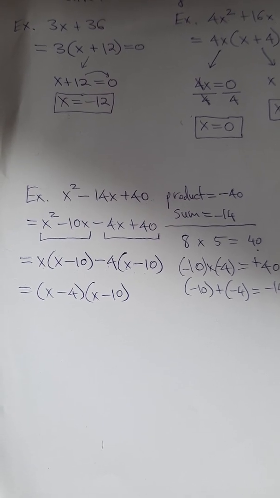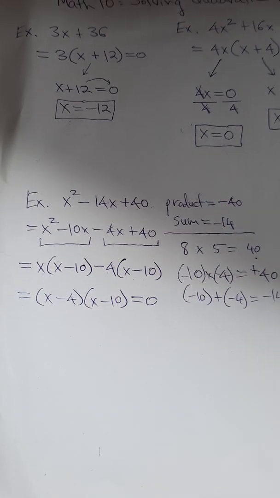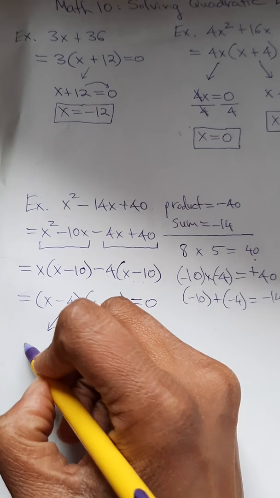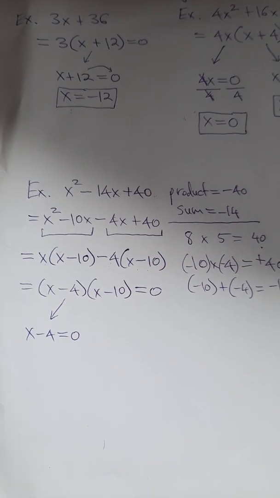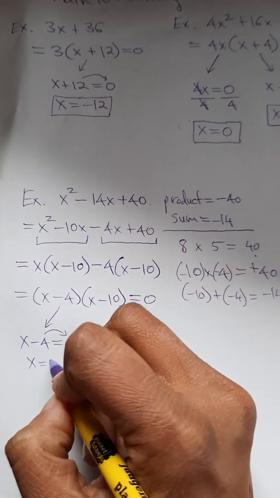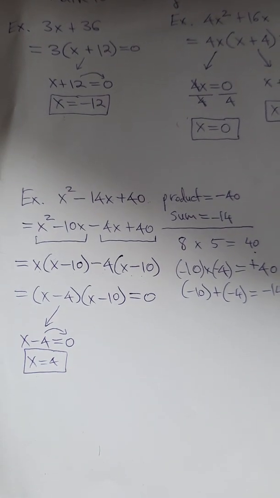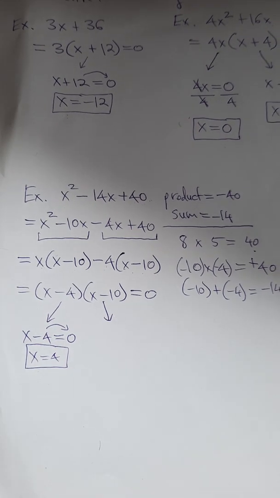So again, we are solving for the quadratic equation. I want to make this equal to 0. I'm going to have two terms here. The first one is x minus 4, which is equal to 0. Take the negative 4 to the other side, and I notice x is equal to 4. I always box my answers, so the teacher can see your final answer.